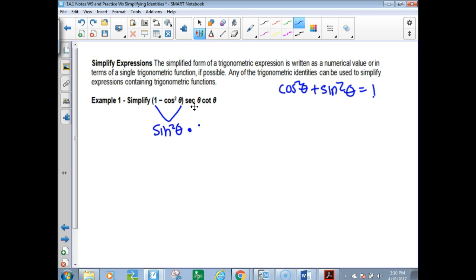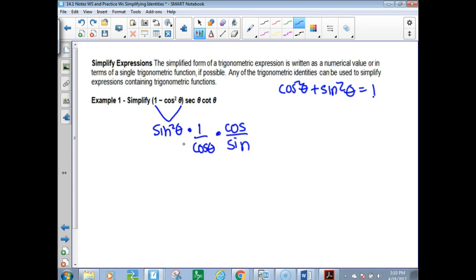Go to the bank. 1 over the cosine. And what can I trade the cotangent for? You're going to get this memorized. Tangent is sine over cosine. Cotangent is cosine over sine. I do not want to write 1 over tangent. I don't see that helping me in the problem at all.